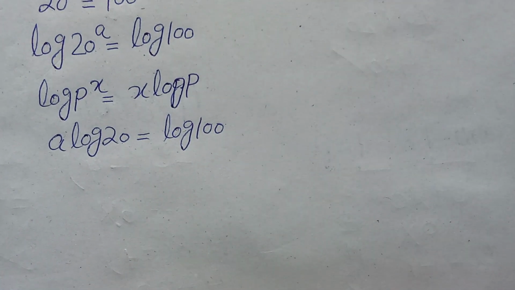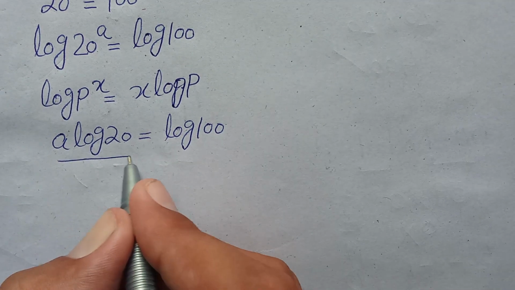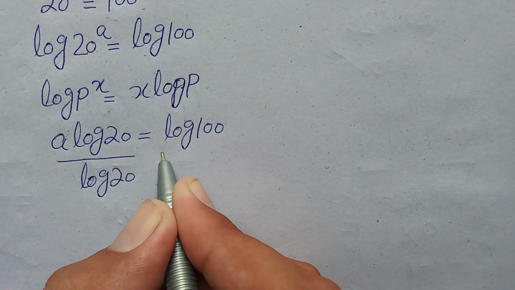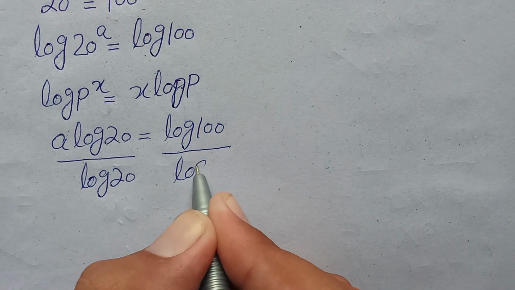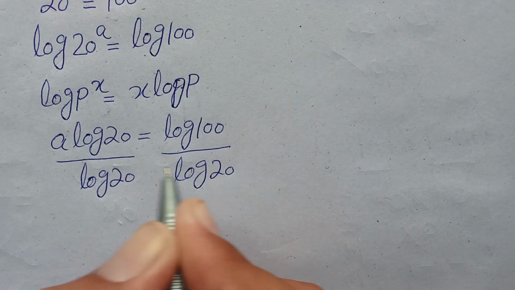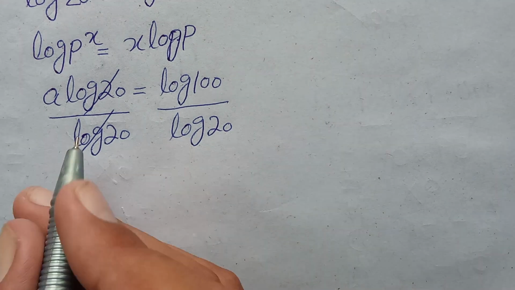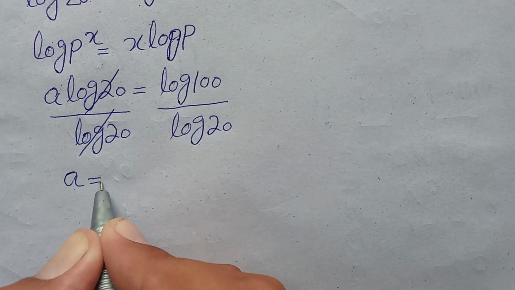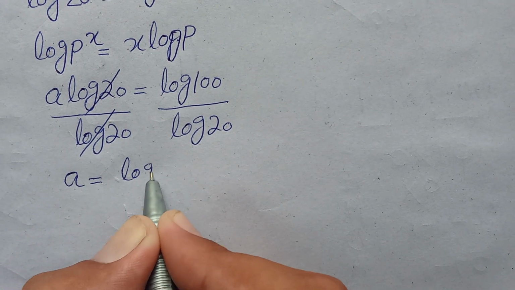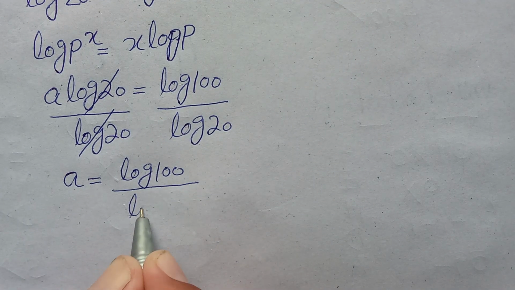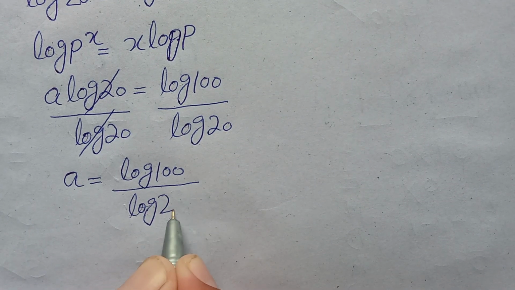Now let us divide both sides by log 20. So here log 20 and log 20 cancel with each other. It becomes a is equal to log 100 divided by log 20.